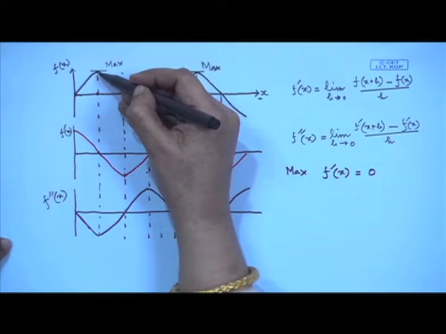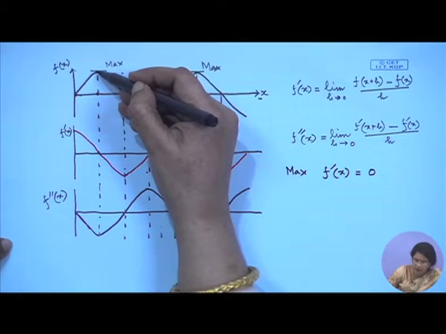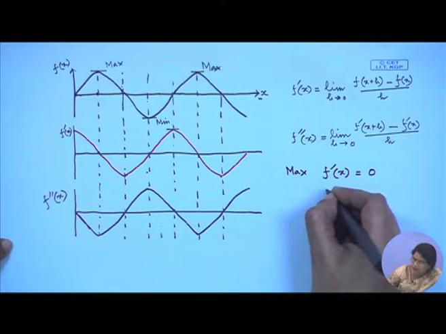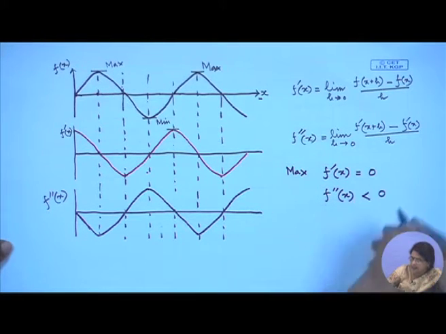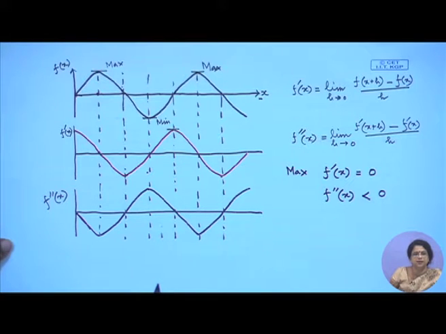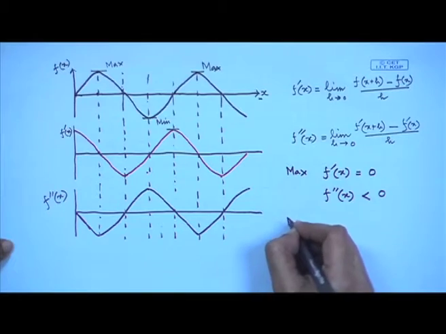What else? You are seeing the second order derivative of the function at the maximum point is coming negative. You must have learned this in your school time, that at the maximum point of a function the second order derivative is negative. What about the minimum point?